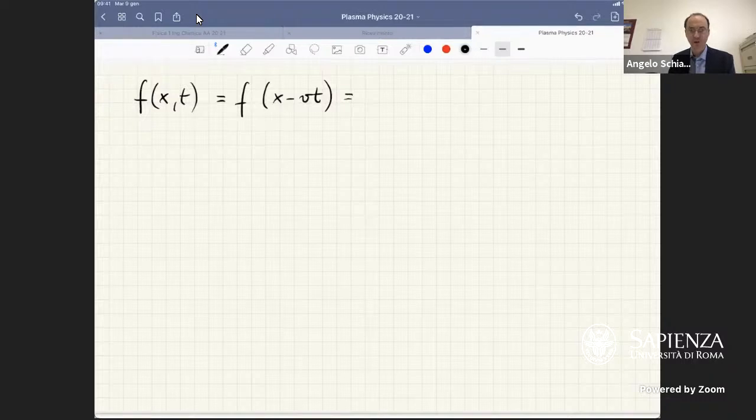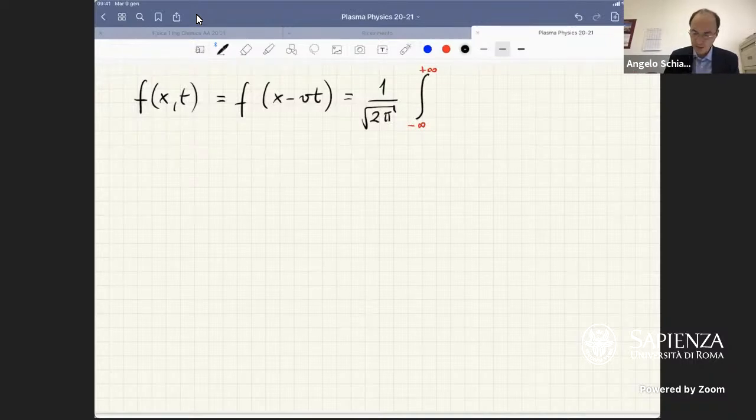So we move on to the Fourier transform. We can write f as 1 over square root of 2 pi, which is the normalization factor in 1D for a Fourier transform, and then we have the integral from minus infinity to plus infinity in k space. This is the Fourier transform in what is called the physicist's notation.